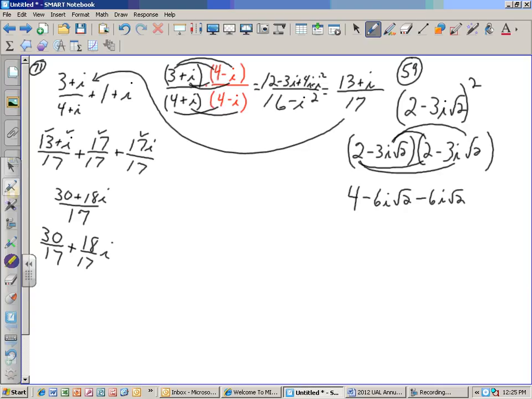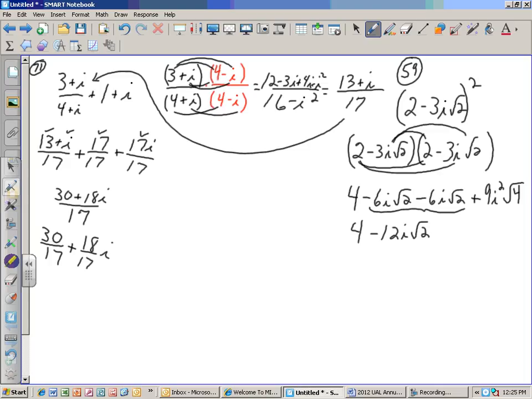First of all, the negative times a negative will make this a positive. 3i times 3i is 9i squared. And the square root of 2 times the square root of 2 is the square root of 4, which is 2. Combine these two terms, and I'll get negative 12i square root of 2.